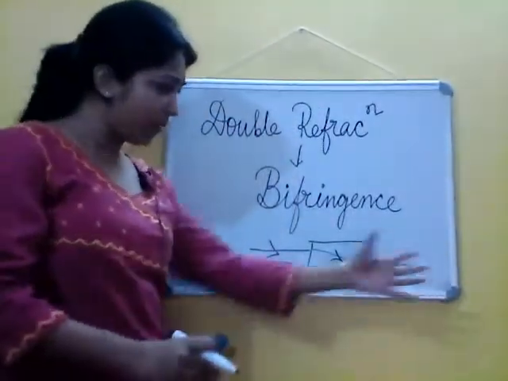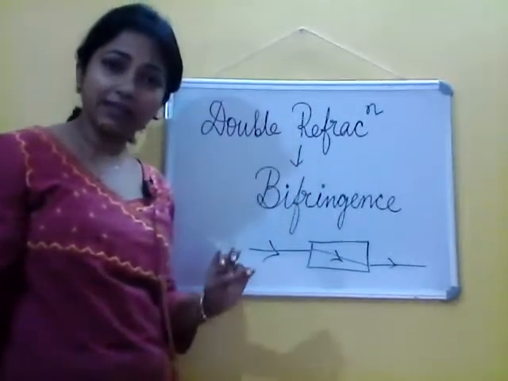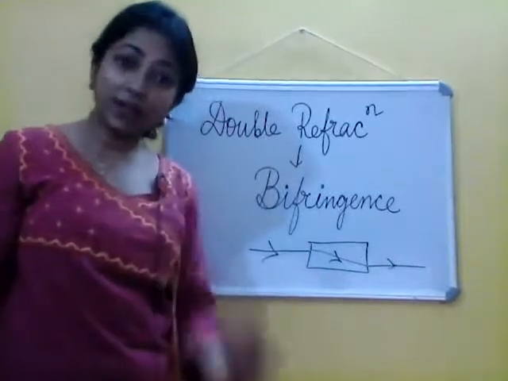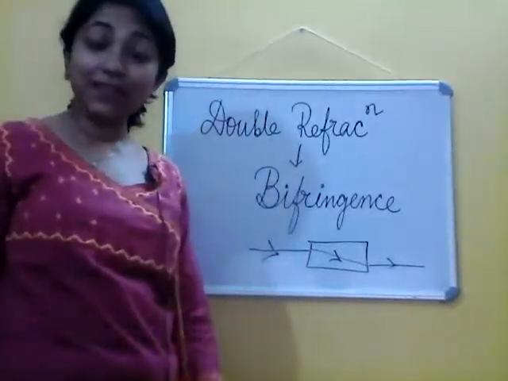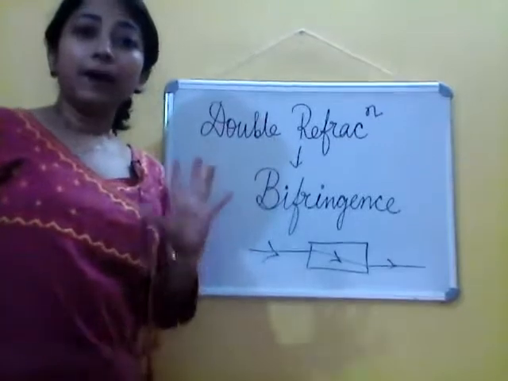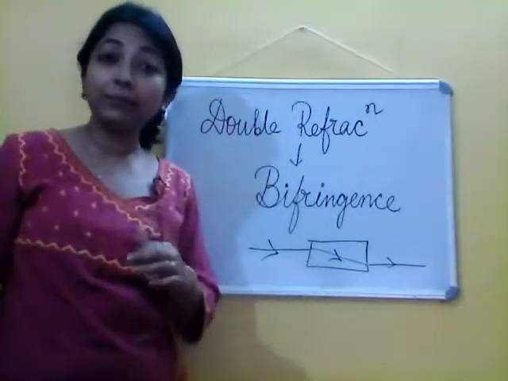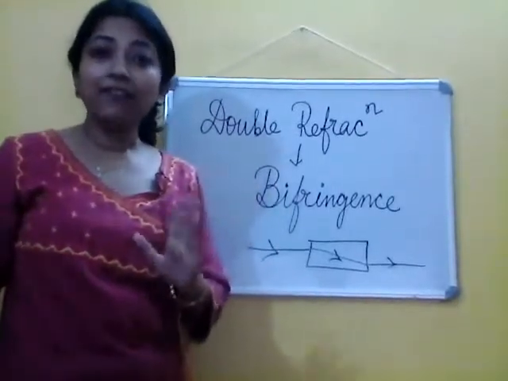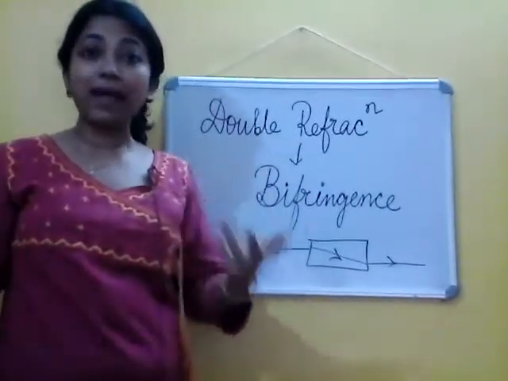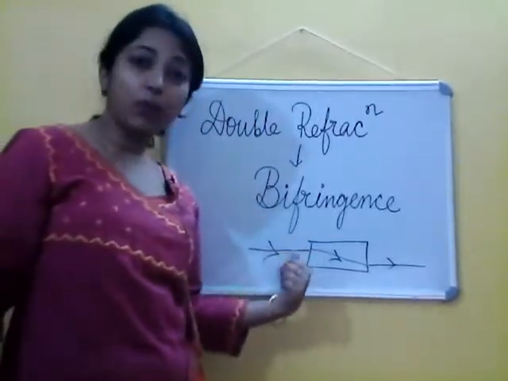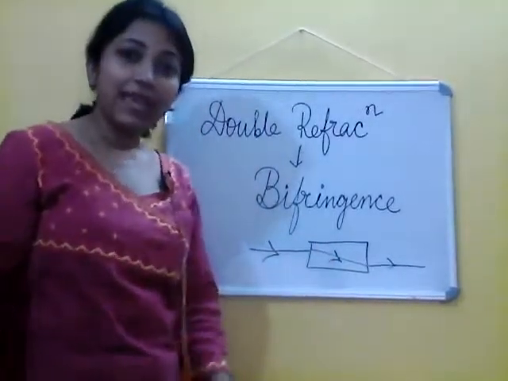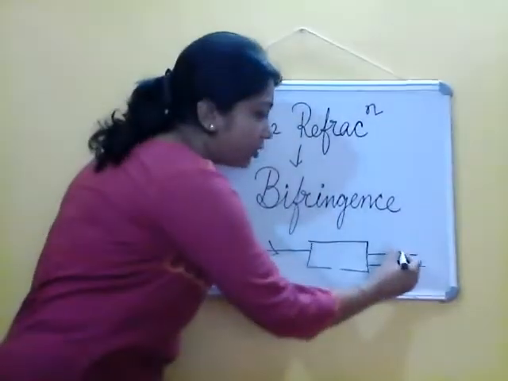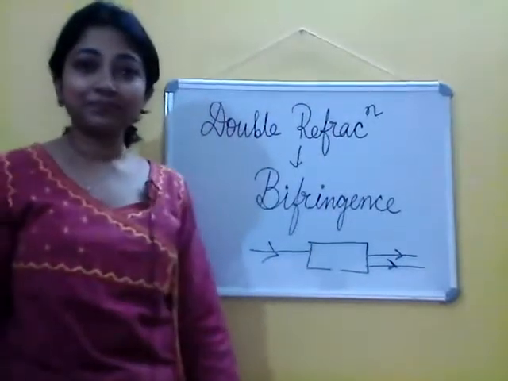So what do I see? When I draw a diagram like this, I see that I have sent in one ray and I have received one ray only. This is normal refraction. However, there are very strange optical materials found naturally on this earth, which have a very nice, magical power: when I send one light ray into this medium, instead of getting only one ray out of it, we get two rays coming out of it.